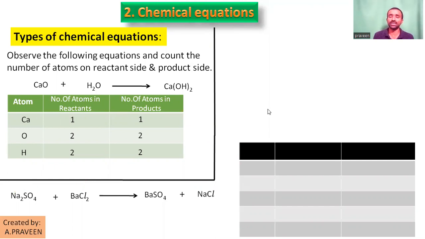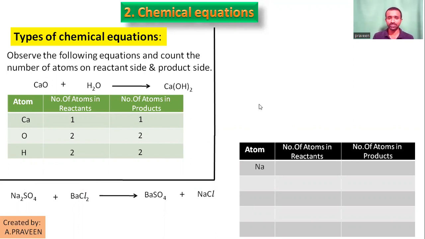So here the first one is atom, next one is number of atoms in reactants and number of atoms in products, individually. So atoms first, sodium, next sulfur, next oxygen, next barium, finally chlorine.